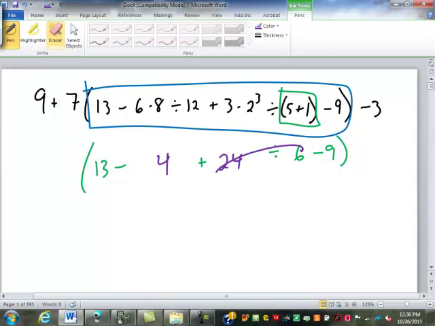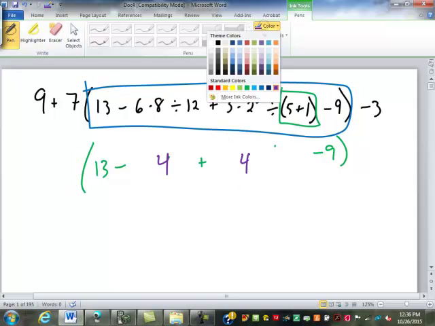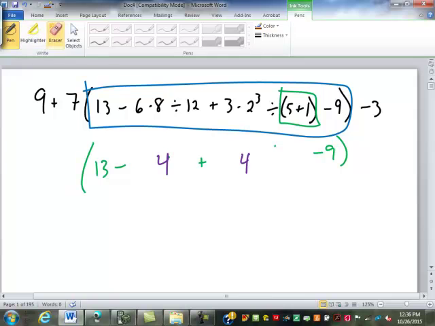Divided by 6 is 4. And then 13 minus 4 is 9. Plus 4 is 13. Minus 9 is 4.